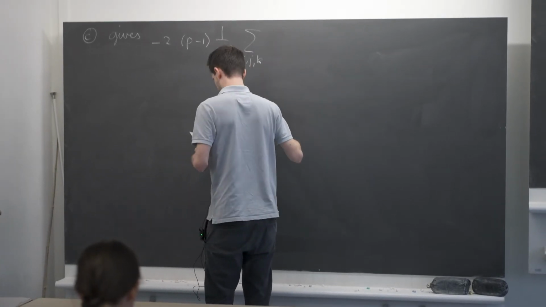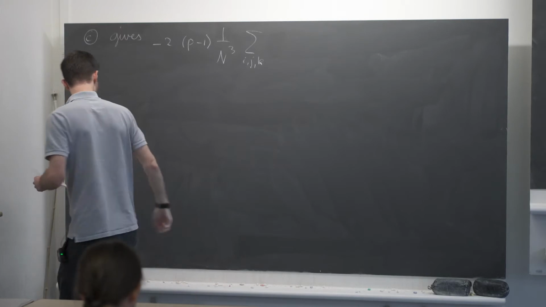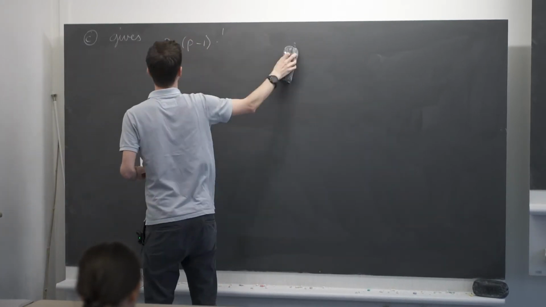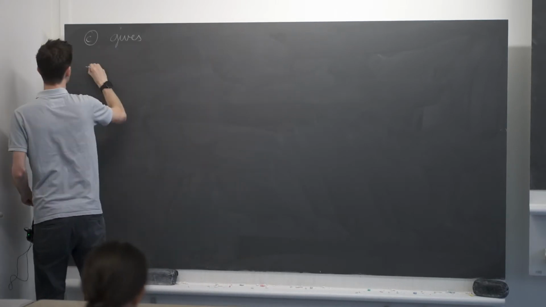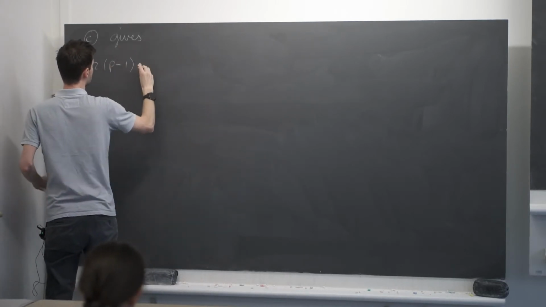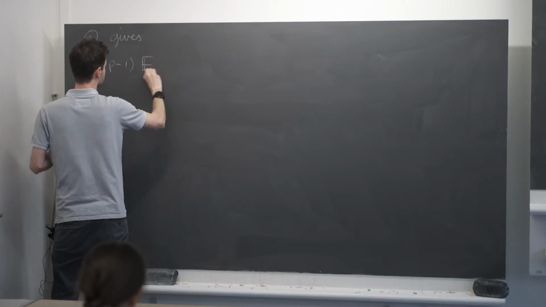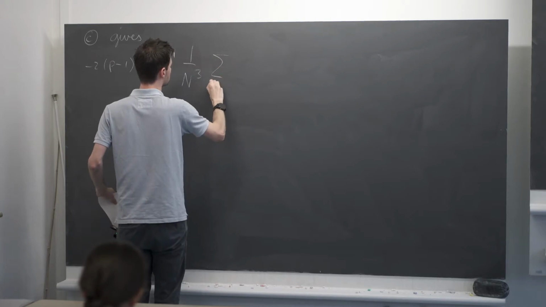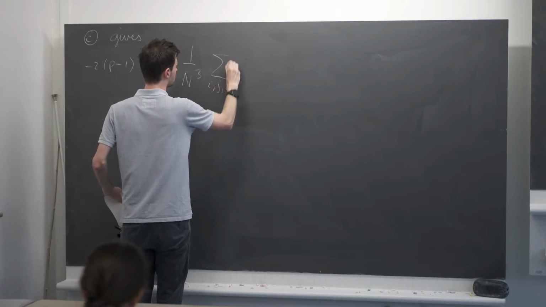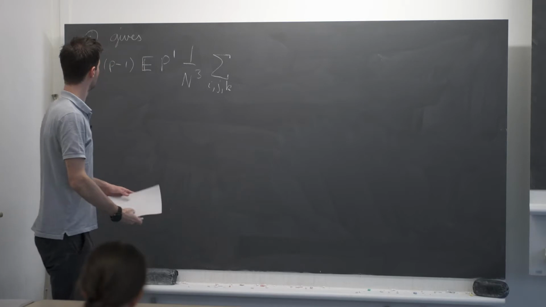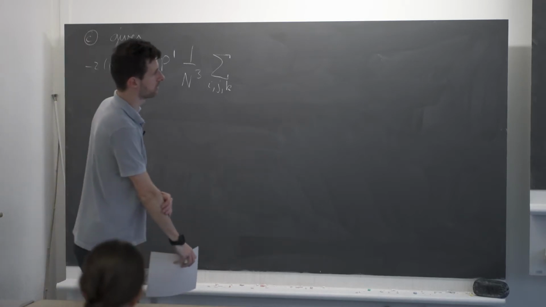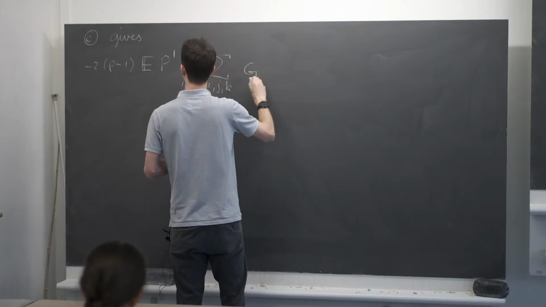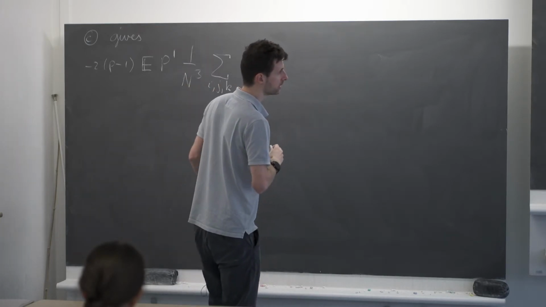Actually, maybe if I may, I will write the order a bit differently. I need a longer line. So minus 2, p minus 1, and then I have the expectation of the sum over i, j, k, I took out the p prime, and so I have G_ji.